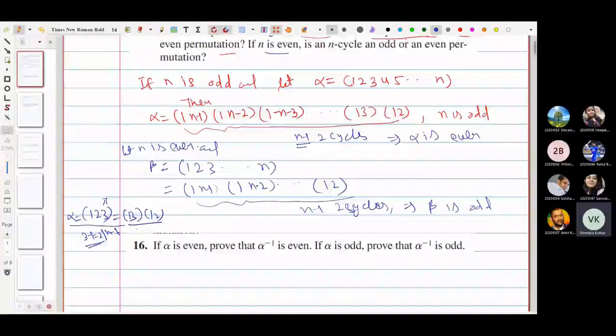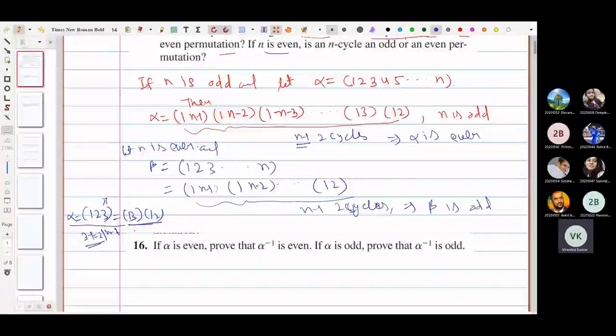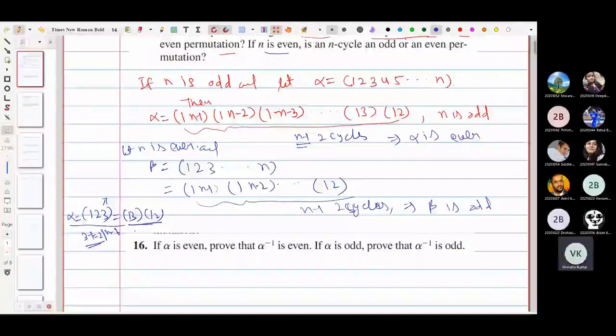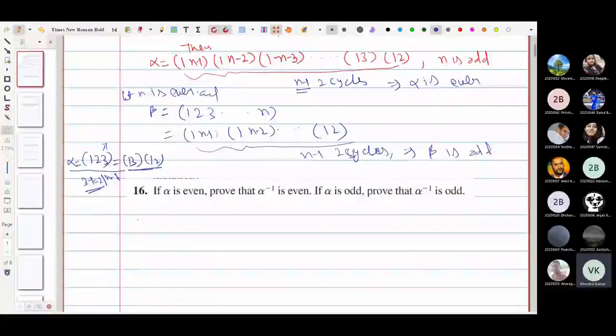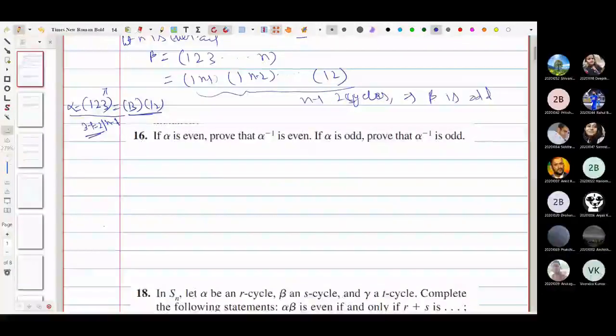Two 2-cycles are there in the product, therefore alpha is going to be even. So if the cycle is of odd order, then the permutation is going to be even, and if the cycle is of even order, then that permutation is going to be odd. This was the conclusion of question number 15.